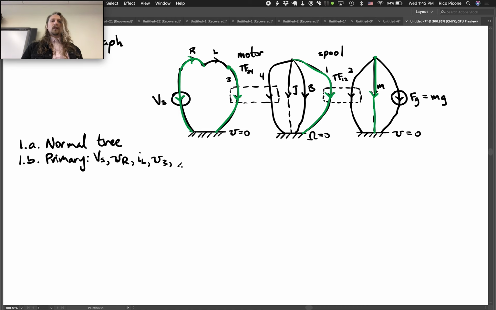The through variable for this is T, torque 4, TJ, TB. Cross variable is omega 1. Through variable is F2. A cross variable is VM. And then the across variable is V, I'll call it V sub G.